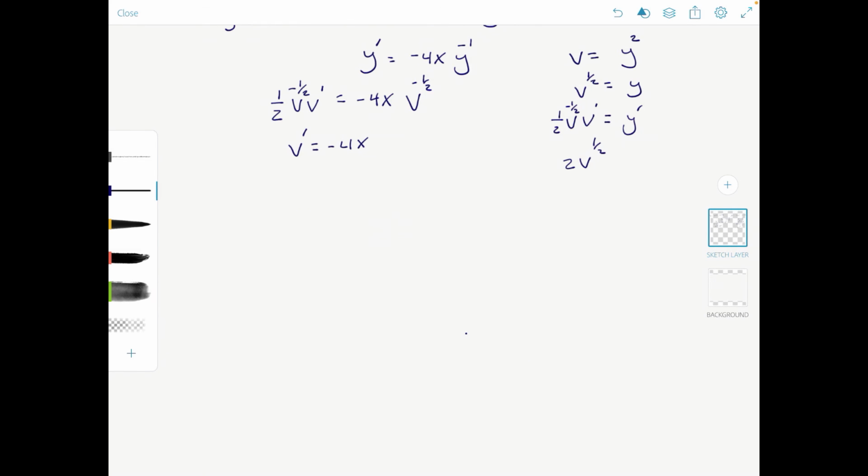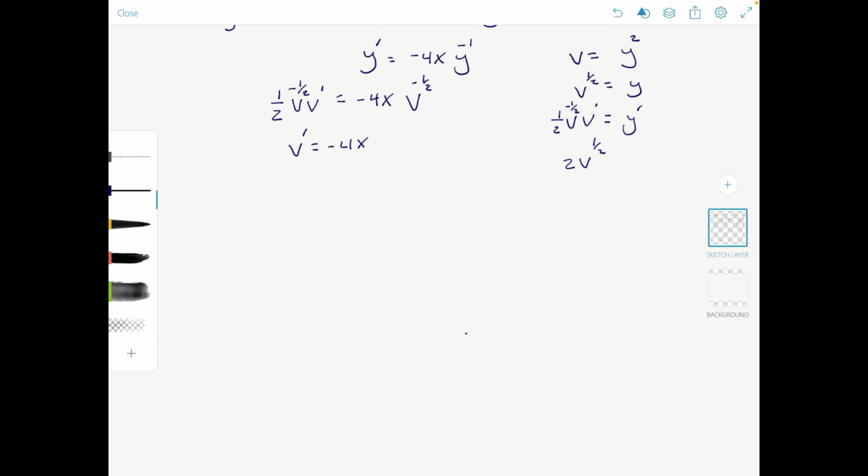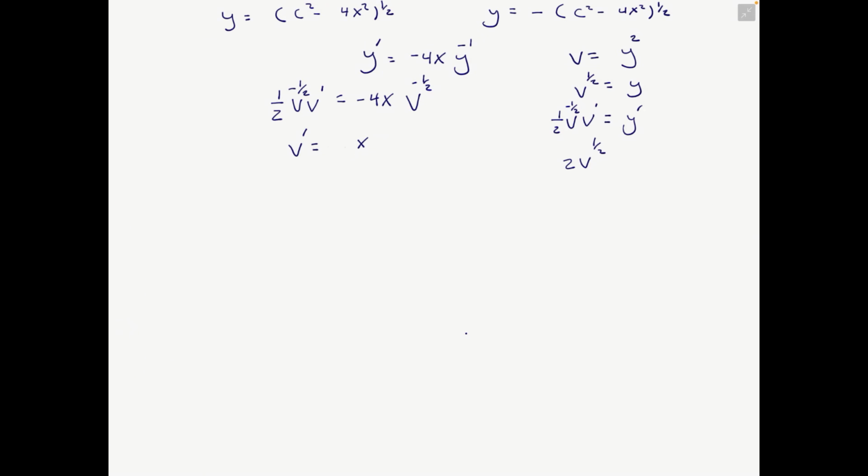Let's get that right. This is not 4x. We multiplied through by 2, so that's minus 8. Okay, so v of x is equal to minus 8x dx plus c.